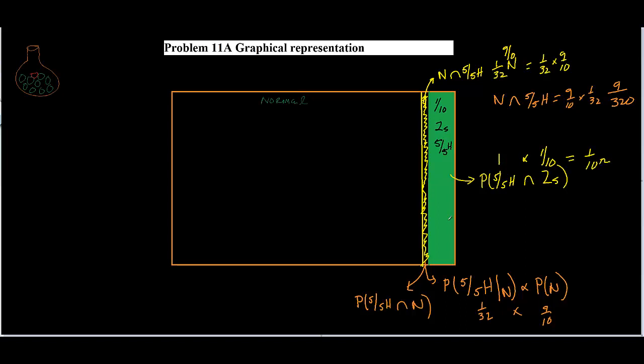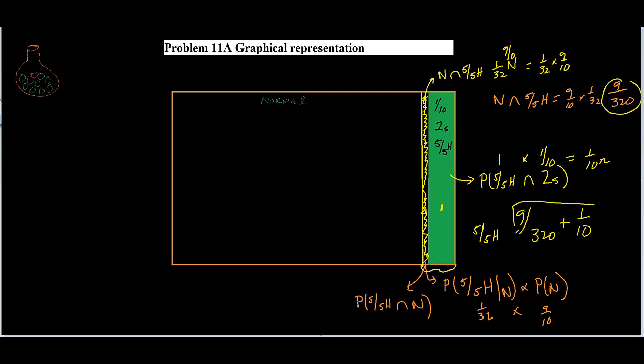So what is the probability in total? The total area, this total area, which is the area where you get 5 out of 5 heads. Any area in here is true. You'll get 5 out of 5 heads. So that area is going to be this area plus this area. So the total area will be 9/320 plus 1/10.